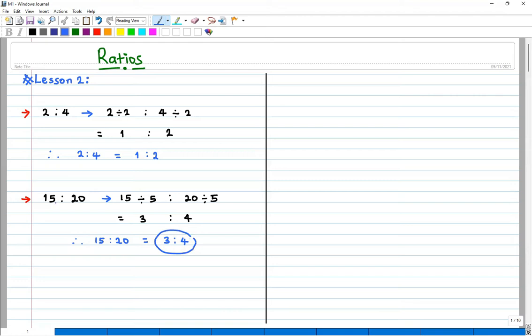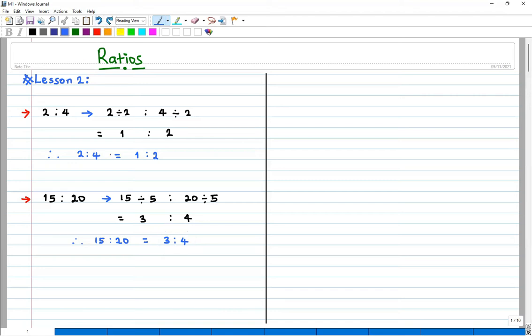Now, this is the simplest form of the ratio 15 to 20 because we cannot be able to reduce 3 and 4. In other words, there is no factor that is divisible by both 3 and 4. So that's why we call this the simplest form. Okay?